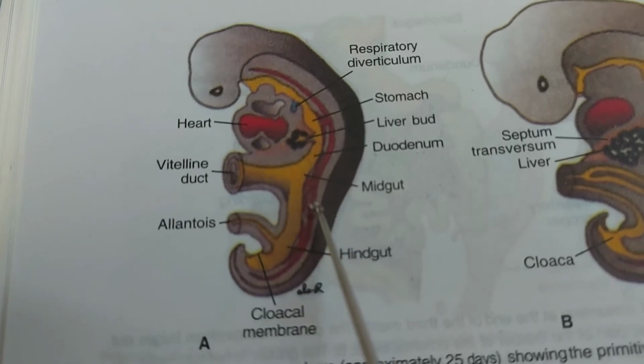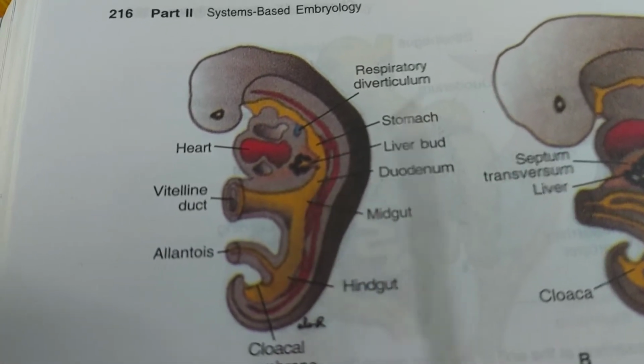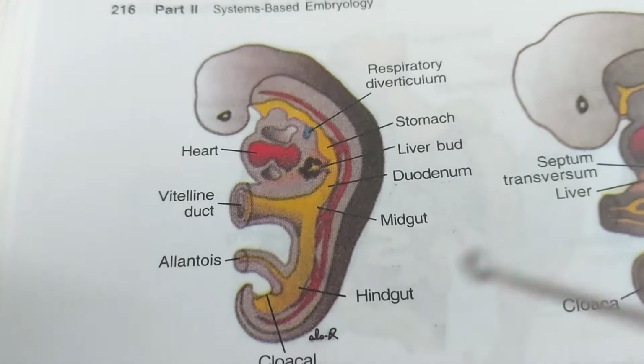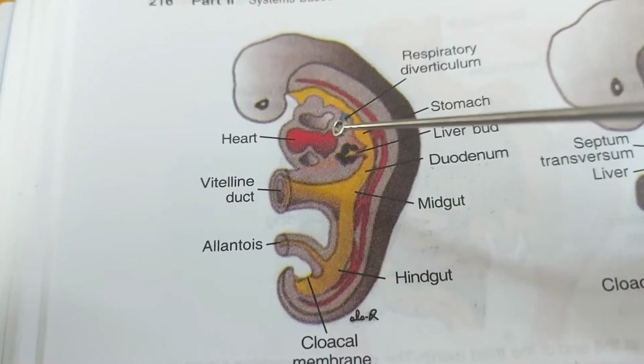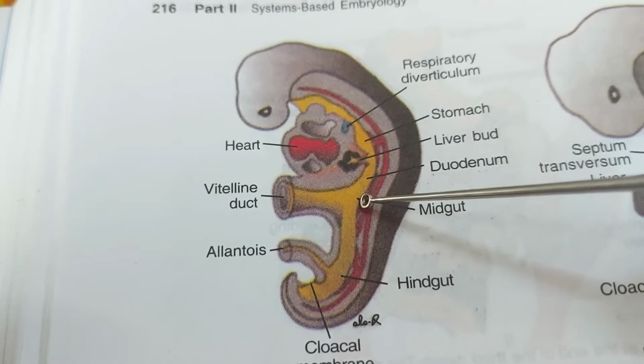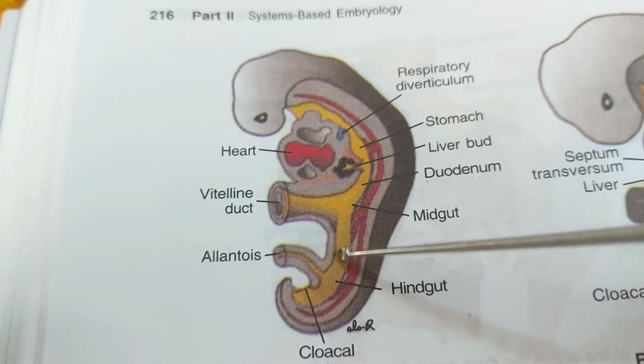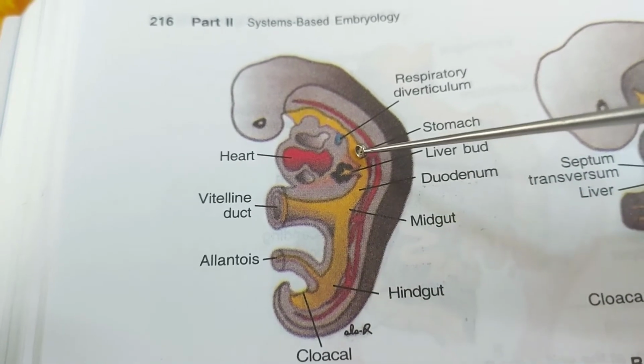Here is an embryo of about 15 days old. This embryo has a thoracic cavity and an abdominal cavity, all primitive, and there is a yellow tube structure that is known as the primitive gut tube.